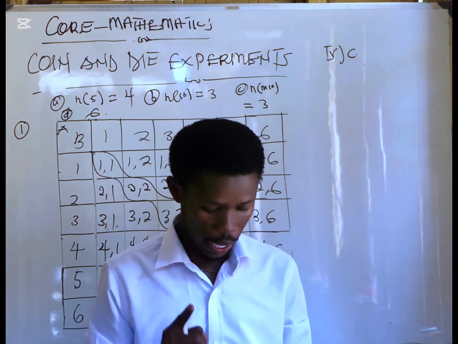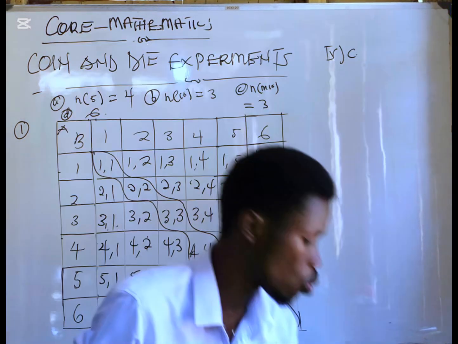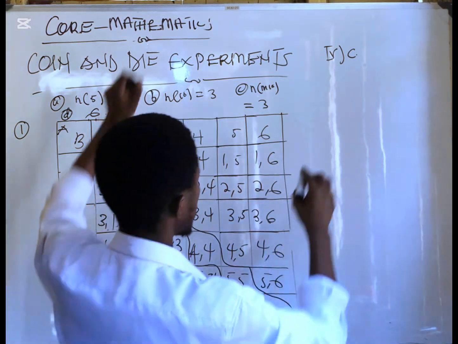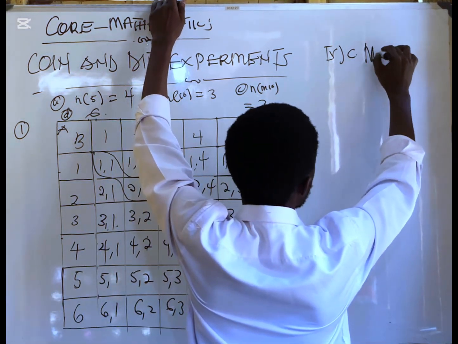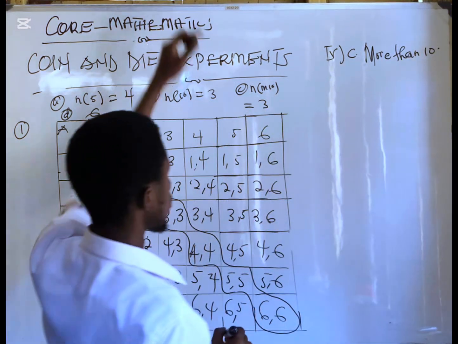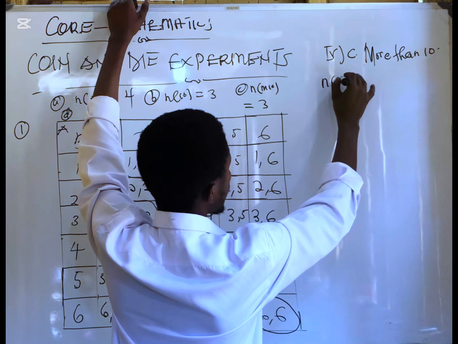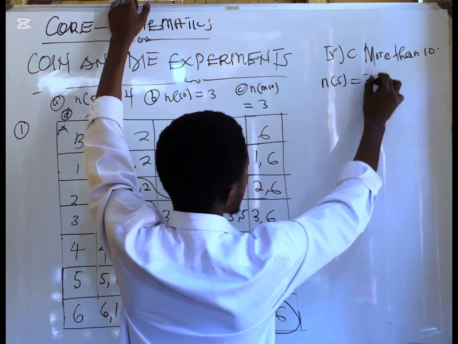Okay, so now let's move to the IVC. We have done the A, that's sum of 5, and then the sum of 10. Now the C is the probability of obtaining more than 10. So first thing, you know our sample space already to be 36.